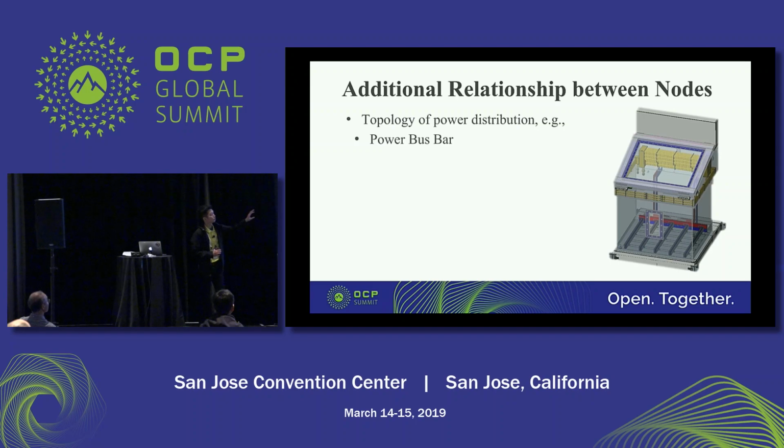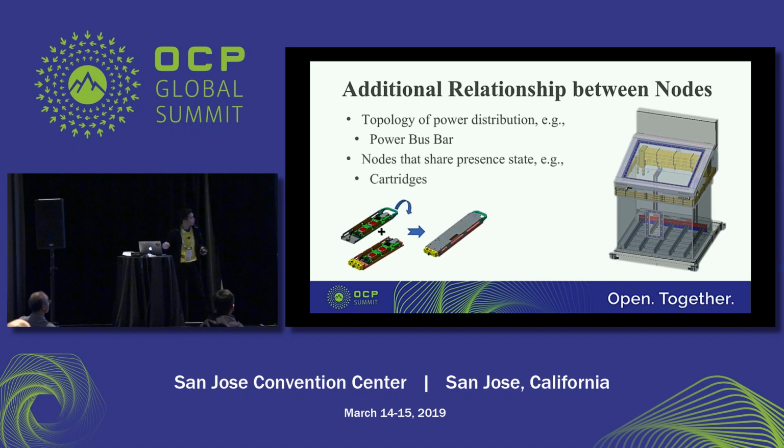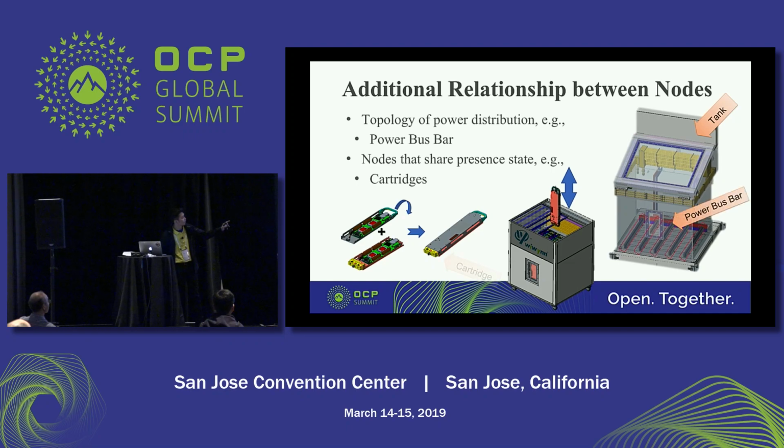This picture is a look of our tank. This component is the cartridge. A cartridge bundles two nodes into a tank.